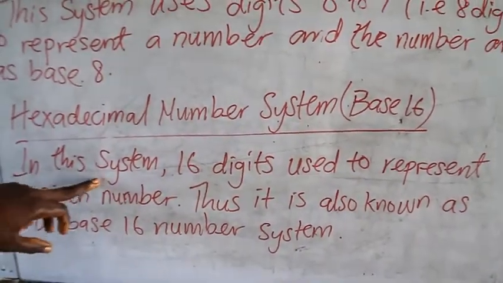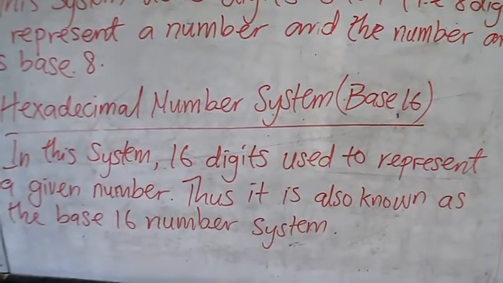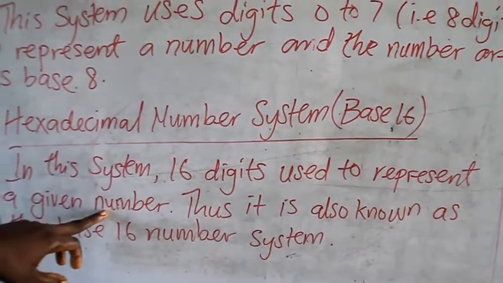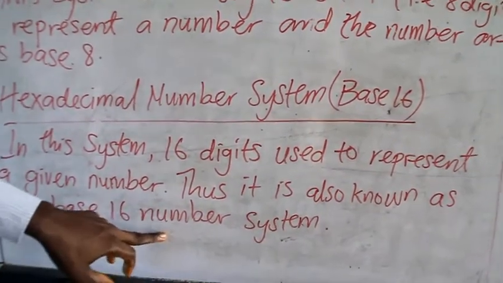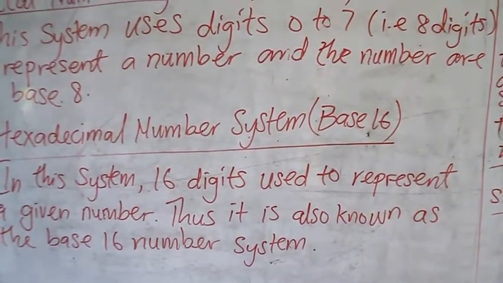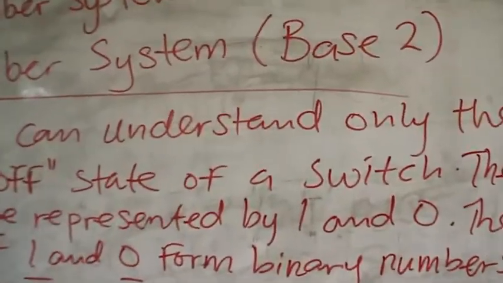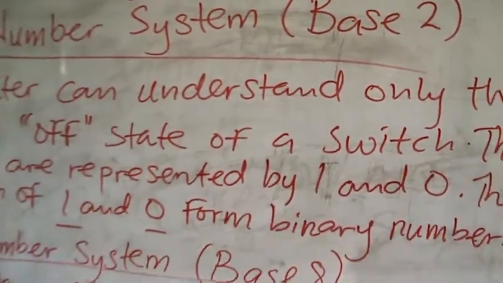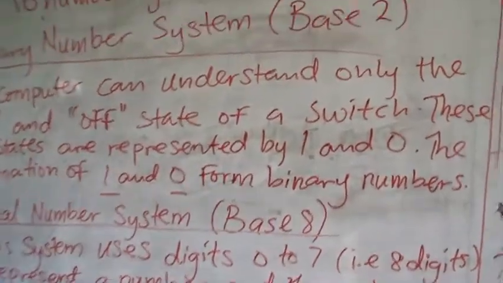In this system, 16 digits are used to represent a given number, which means it is also known as the base 16 number system. Each of these number systems has its base: the decimal is of base 10, the binary is of base 2, the octal is of base 8, and the hexadecimal is of base 16.